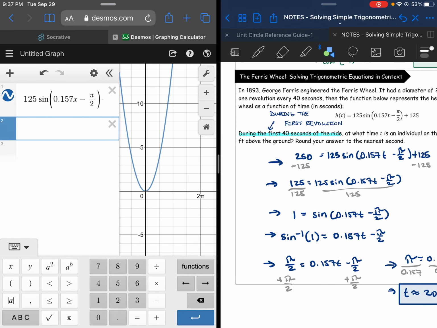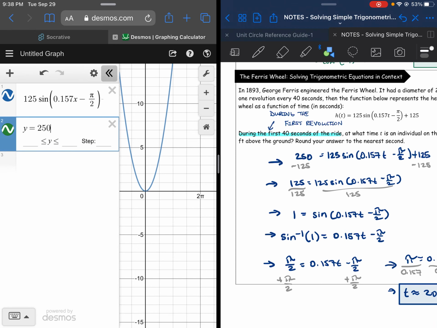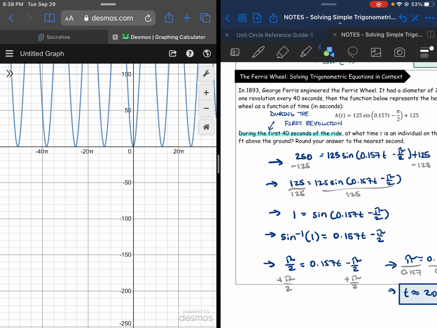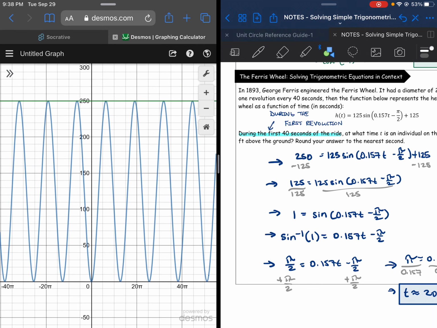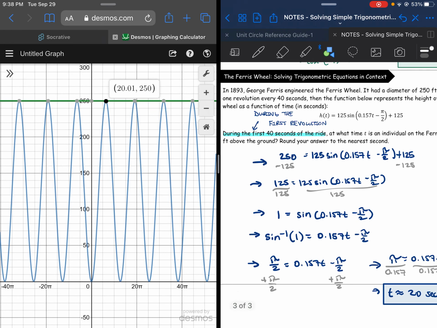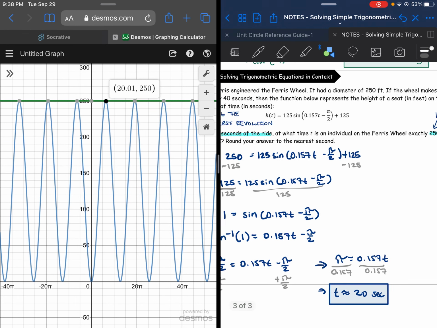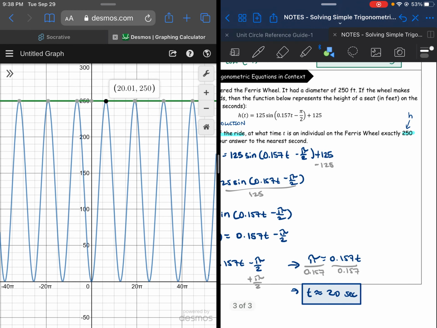So if we take this and say, okay, I want the height, which in this case is y, to be equal to 250, and I start to zoom out, we can see right here in the first 40 seconds that at 20.01 seconds, or essentially 20 seconds, the height is 250. And that's exactly what we got here when we did all the math.